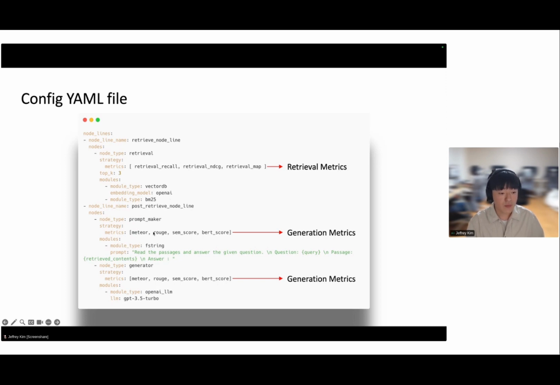And for deciding what is the best prompt at the prompt maker node, you can use these generation metrics. As well, you can use these 4 generation metrics. And you can edit this, like if you want to use just SAMScore to evaluate the prompt maker node, you can just delete Meteor, Rouge, and BERTScore and use SAMScore only.